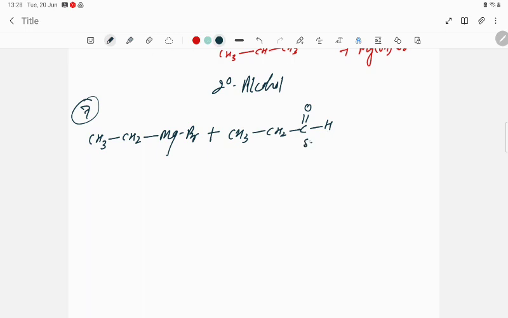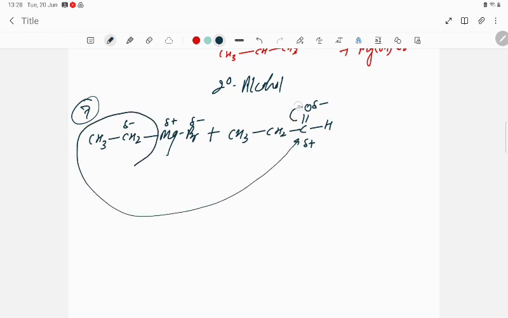This carbon is partial positive, this is partial negative. This is negative, this is positive, this is negative. So this total ethyl group is going to attack on this position. So this oxygen will be taking a magnesium ion.